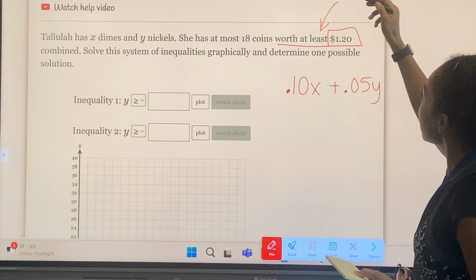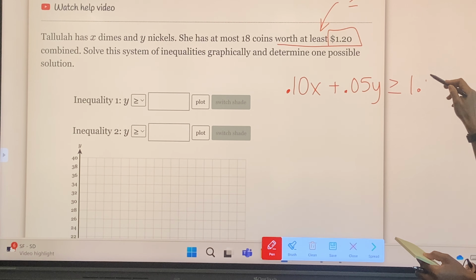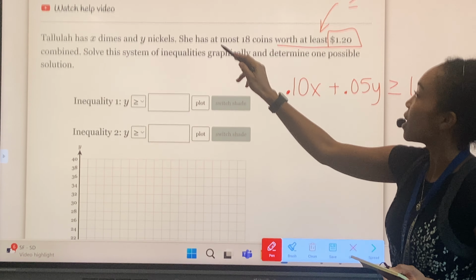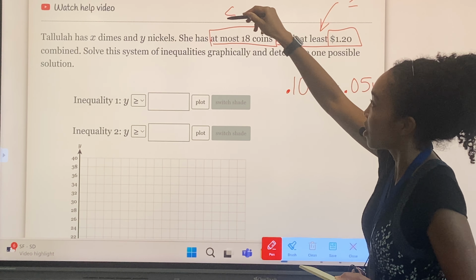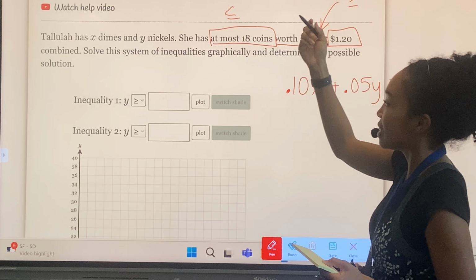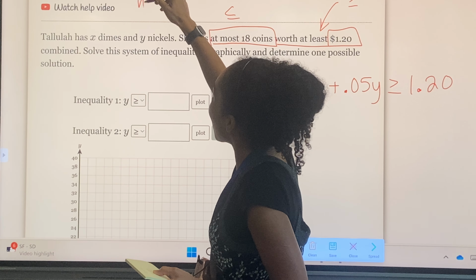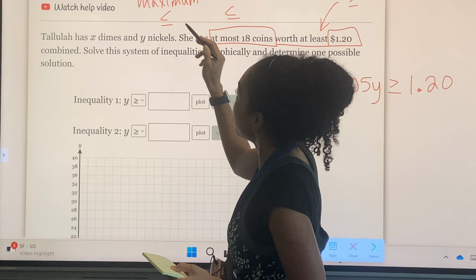Whenever you see the least, it's going to be a greater than or equal to symbol. That's the least that it is worth, but it's probably going to be worth more than that. And she has at most 18 coins. The word most, less than or equal to. So guys, just as a hint, when you see words like most, maximum, you're going to have the less than or equal to symbol.